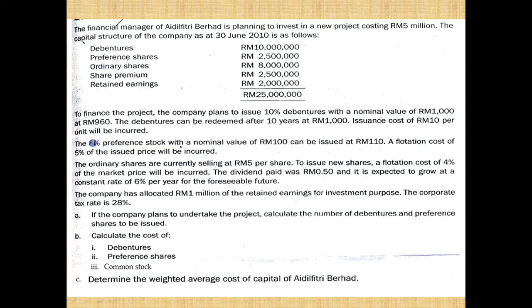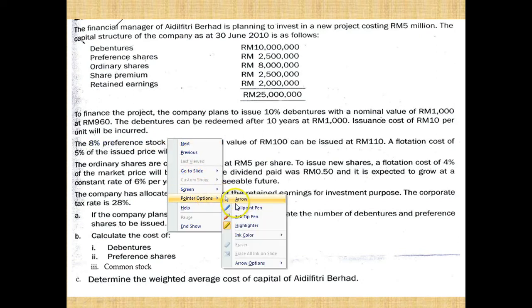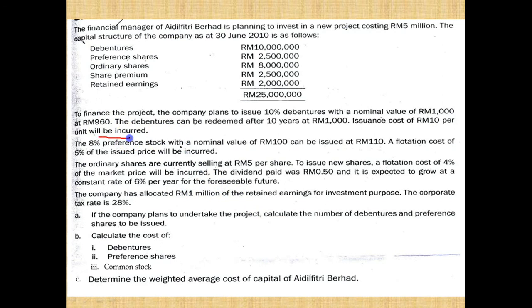As you can see, this is about preferred stock, and this is about debentures. You can use the same formula as the cost of bond, and this is ordinary shares. We consider it as common stock.